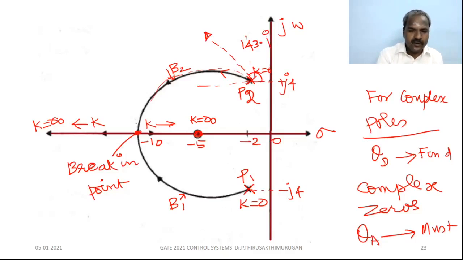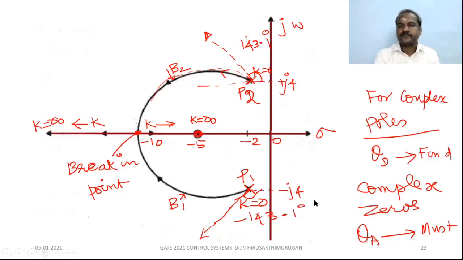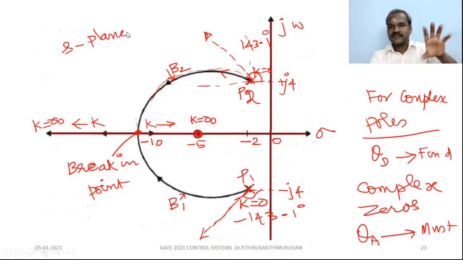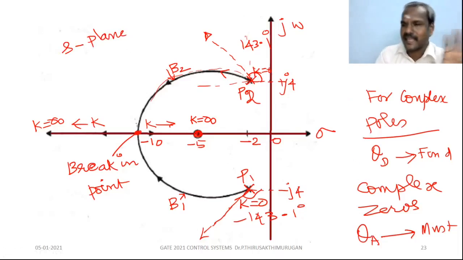For this pole it is negative, so this angle is minus 143.1 degrees. Understand or not? This is the S plane, the root locus. This is the complete root locus diagram.